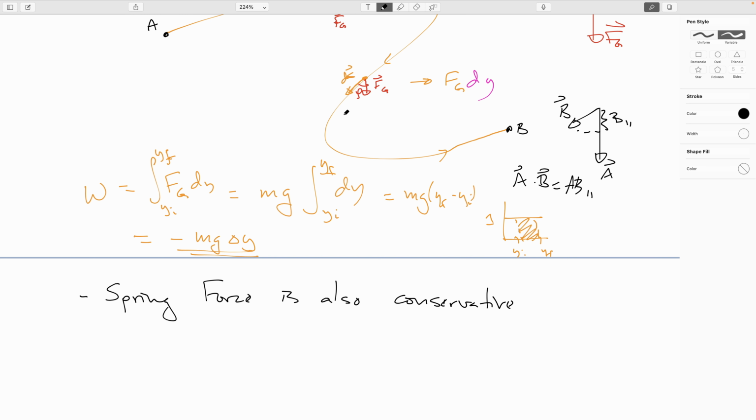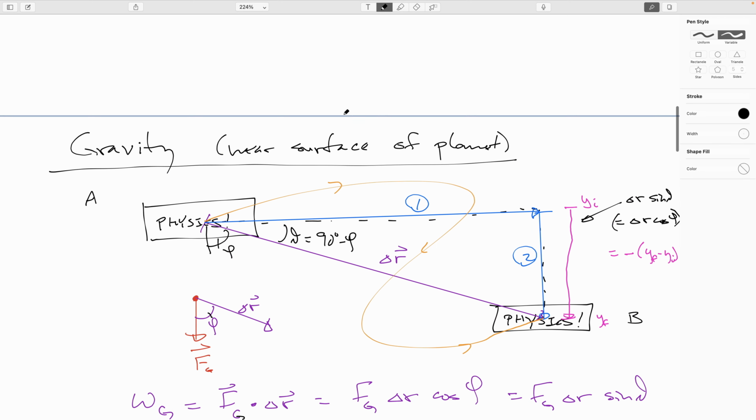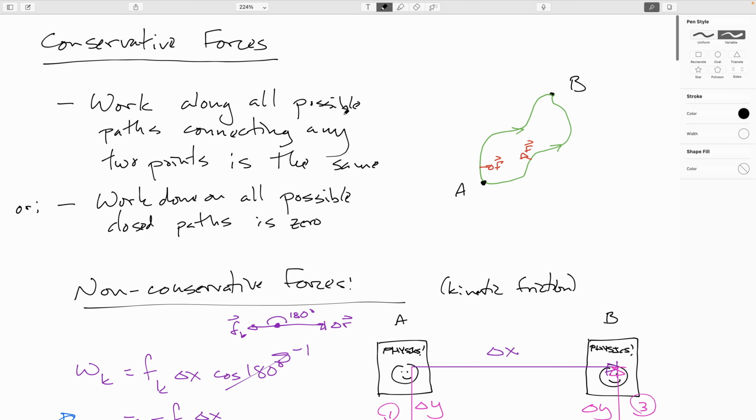But let's revisit why this is going to be a big deal when we introduce potential energy in the next video. The reason is that since the work done doesn't depend on the path that connects the endpoints, but just on the endpoints themselves, what we hope is that somehow you can find a function that only depends on the endpoints, where the difference in the value here and here is related to the work done by the conservative force.